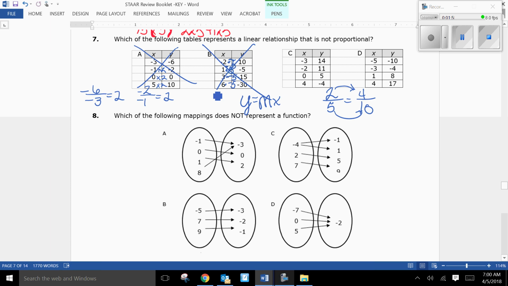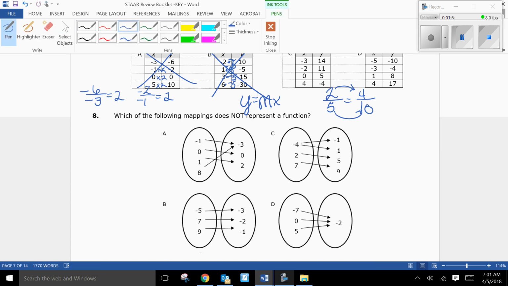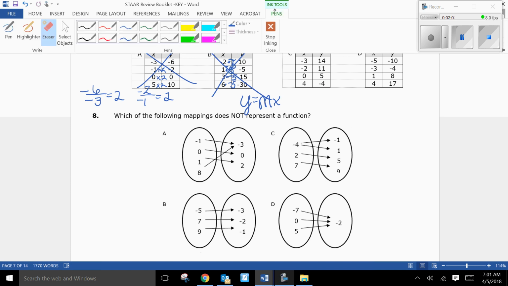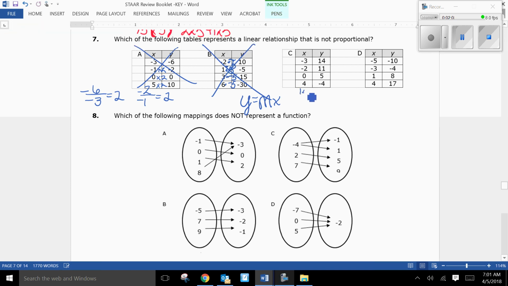Okay, so looking at C, it's a little bit more difficult for me to see what it's multiplying by. So that's when I might actually do my y over x and put it in my calculator. So 14 over -3. I might type that into my calculator. So 14 divided by -3 is -4.6 repeated.